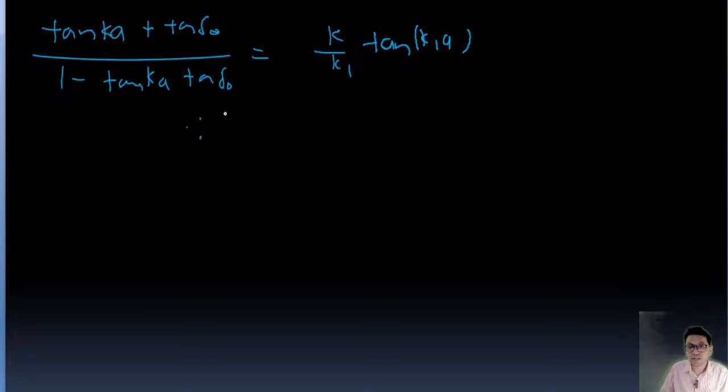Since we know, I have already explained, k1 square equals k square plus k naught square.